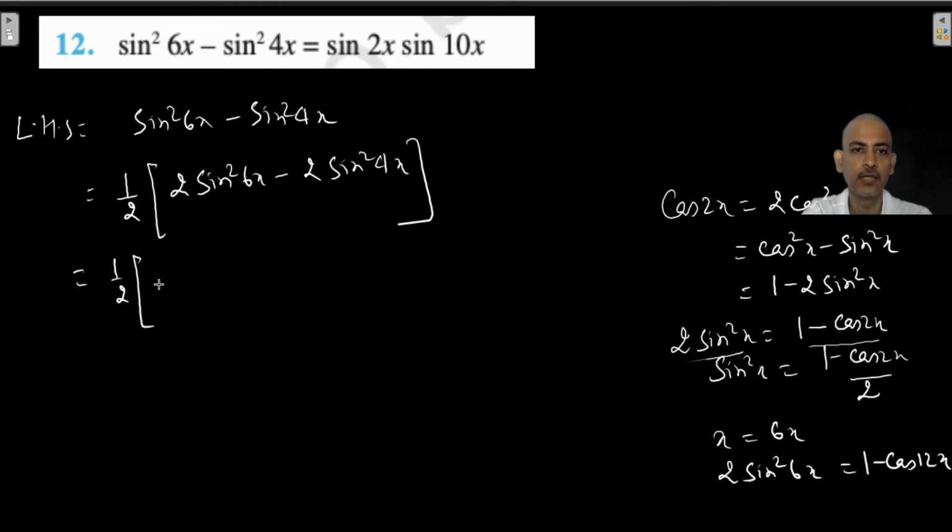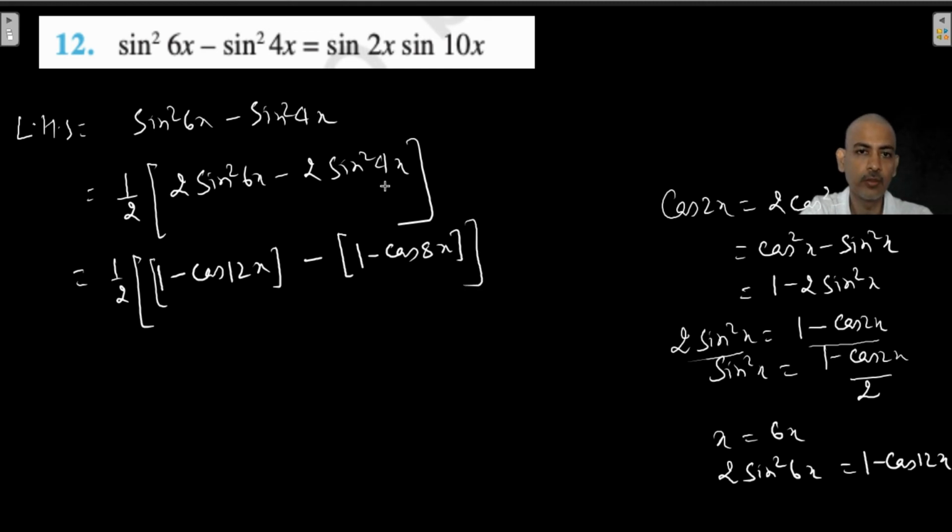So let's put that over here. We write 1 minus cos of 12x. And similarly, minus 2 of sin square 4x can be written as 1 minus cos of 8x. So all you have to remember is that whatever the theta or angle is over here, that will double. So 6x doubles to 12x, 4x doubles to 8x, right?